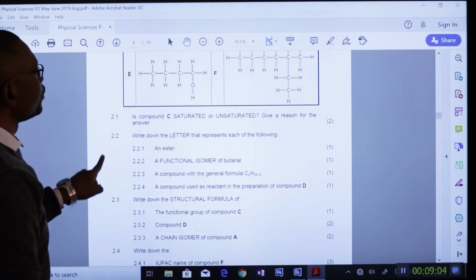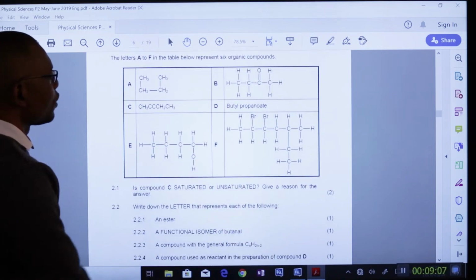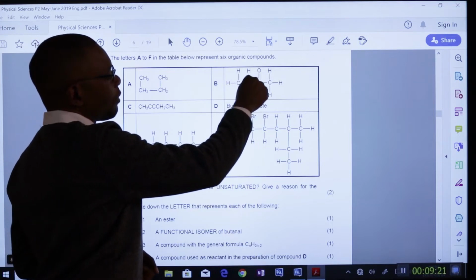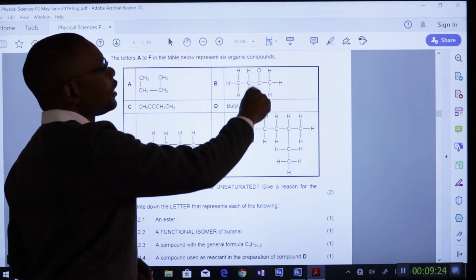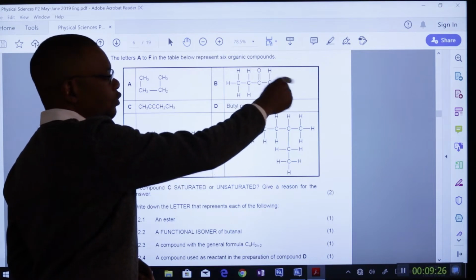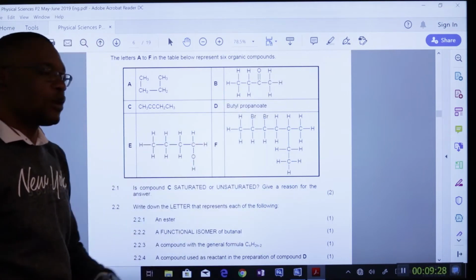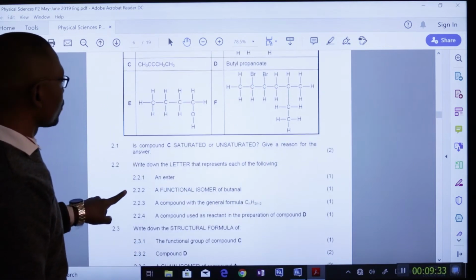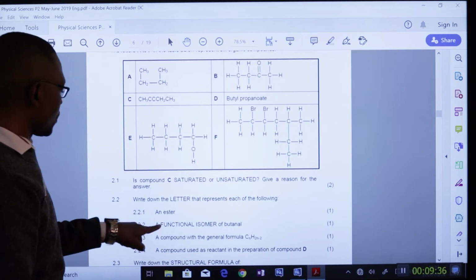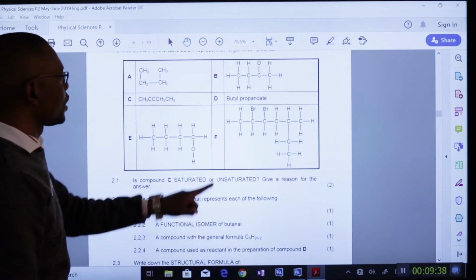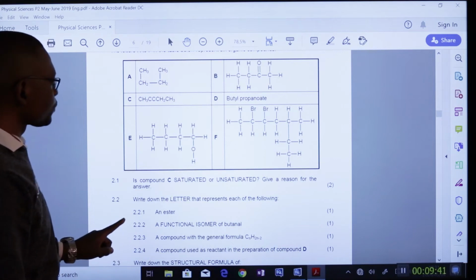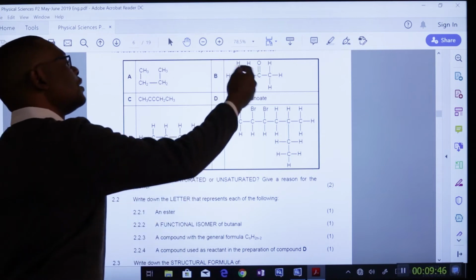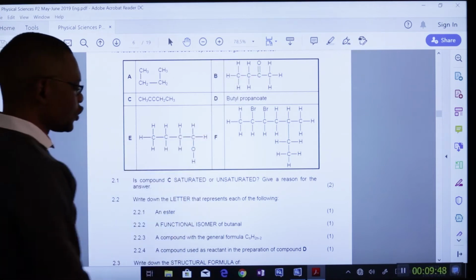And then a functional isomer of butanol. So this one is a ketone, because a ketone has got a carbon-oxygen bond in the middle of the chain, but when the carbon-oxygen bond is on the far ends, it will give you an aldehyde. So a ketone is going to be something like this, where we have a functional isomer of butanol. There it is. Okay. So in this case, we are saying it's an isomer because the oxygen has been rearranged.